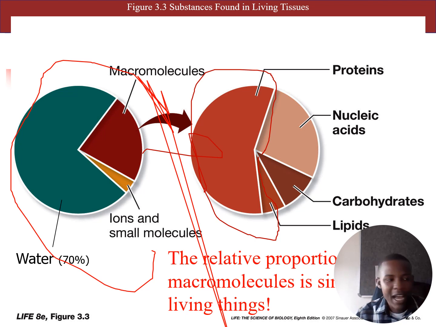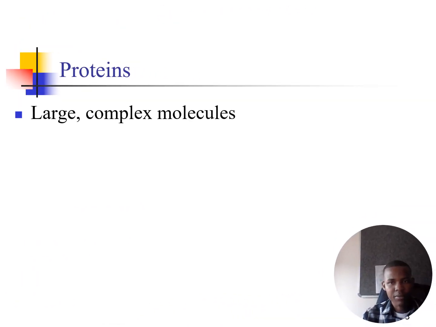So proteins are large and complex molecules. They are made up of monomers, smaller units called amino acids. If you reflect back to carbohydrates, carbohydrates are made up of saccharides, and proteins are made up of amino acids, which are attached to one another in chains.